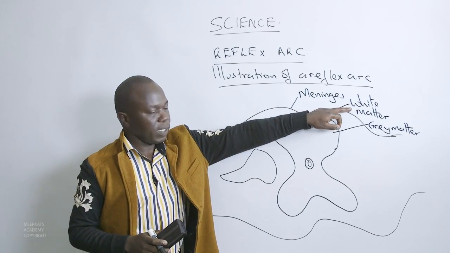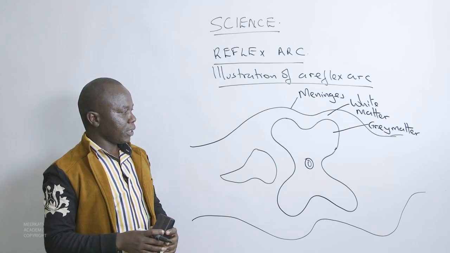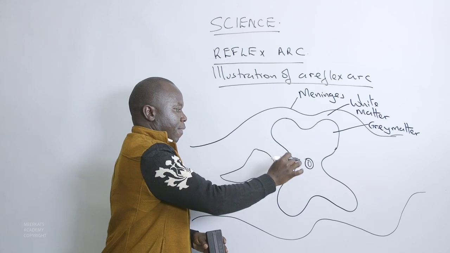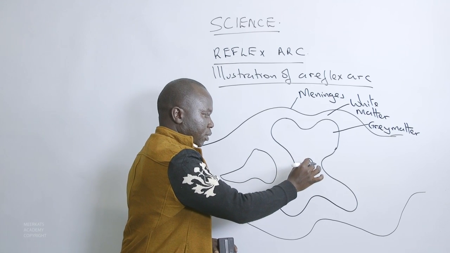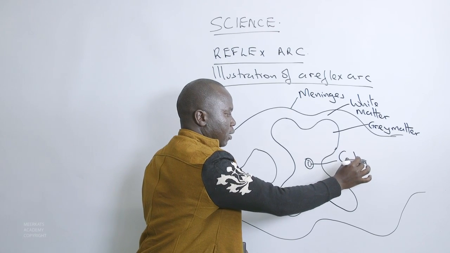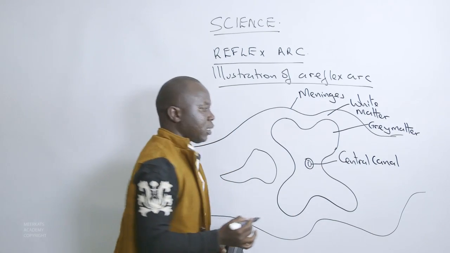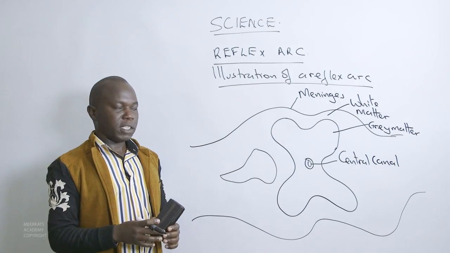So we are going to find out the reason why it's called white matter and gray matter. And then now this is called the central canal. This central canal contains fluids.